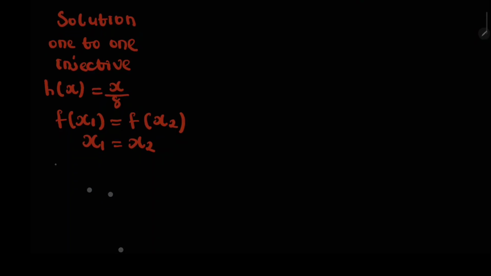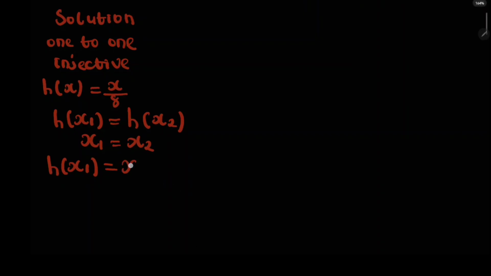So we are going to take the first case. Since we are having h here, in this case, then we will put h. So our h of x1 is simply x1 divided by 8, and our h of x2 is simply x2 divided by 8. I'm taking this from the function.